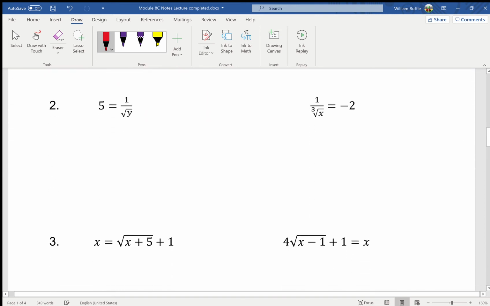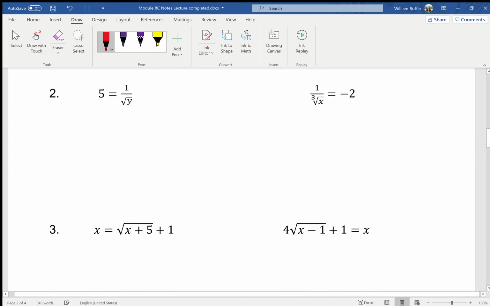Okay. This next one, we got two fractions in a row. Now, no one likes fractions, and I want to get rid of the fractions. So the only denominator here, well, there's two ways to do this. One, we can look at it this way and cross multiply. That's actually a better way to do it. 5 radical y is equal to 1.